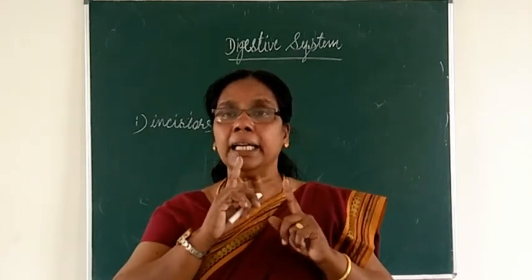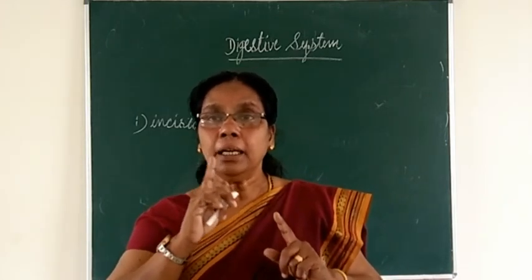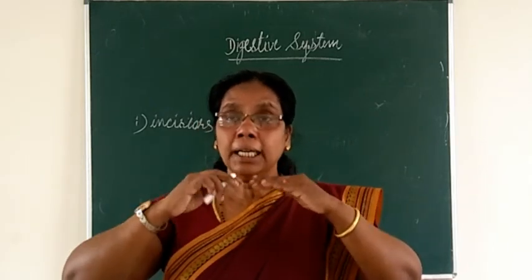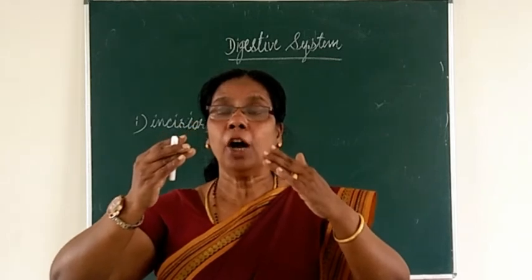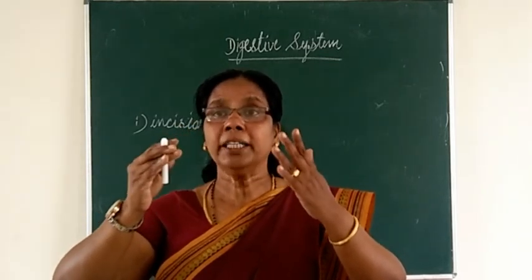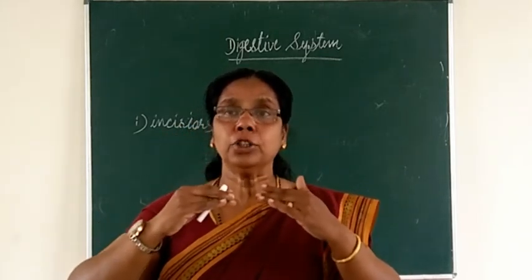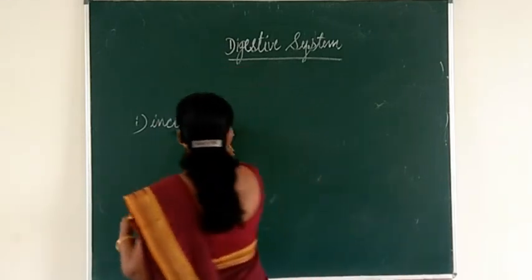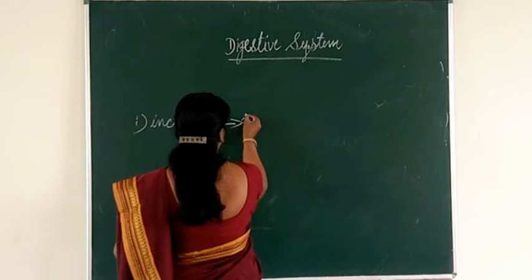Like that, in the lower side, two teeth in the middle on this side and two on this side. So totally in the upper jaw, how many are there? 4 are present, and in the lower jaw again 4. So totally 8. Incisors are 8 in number.